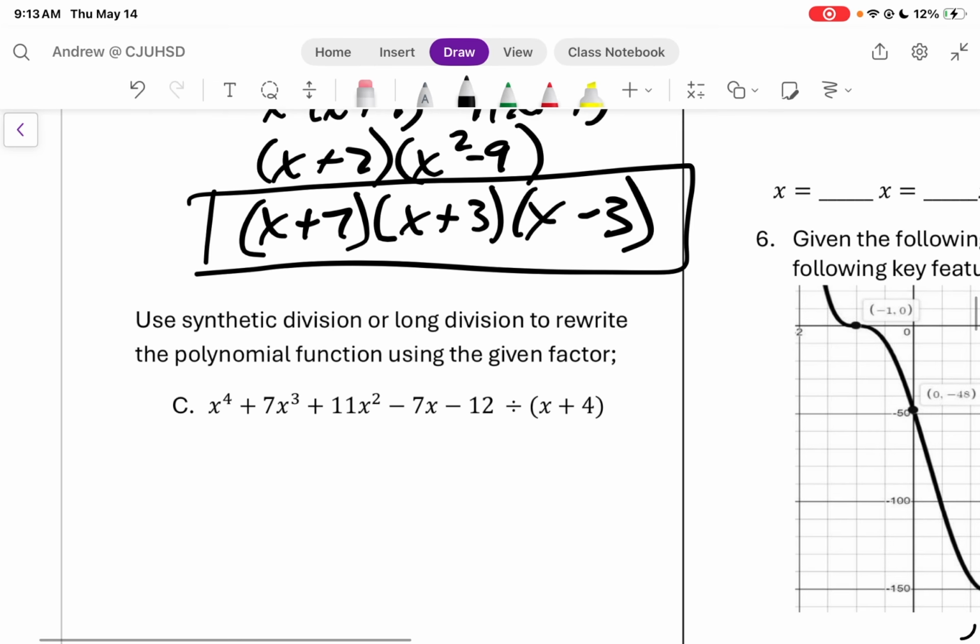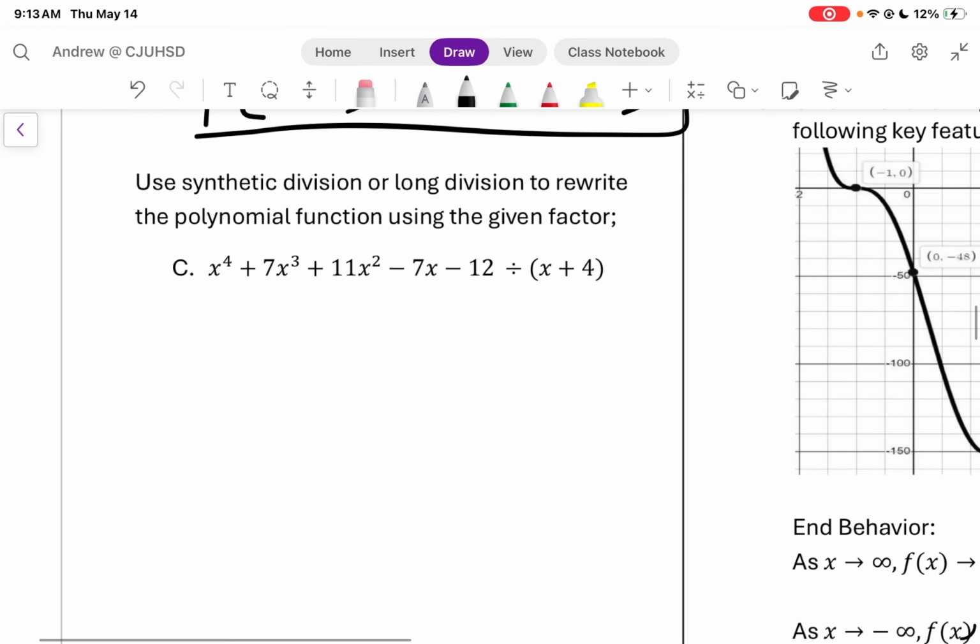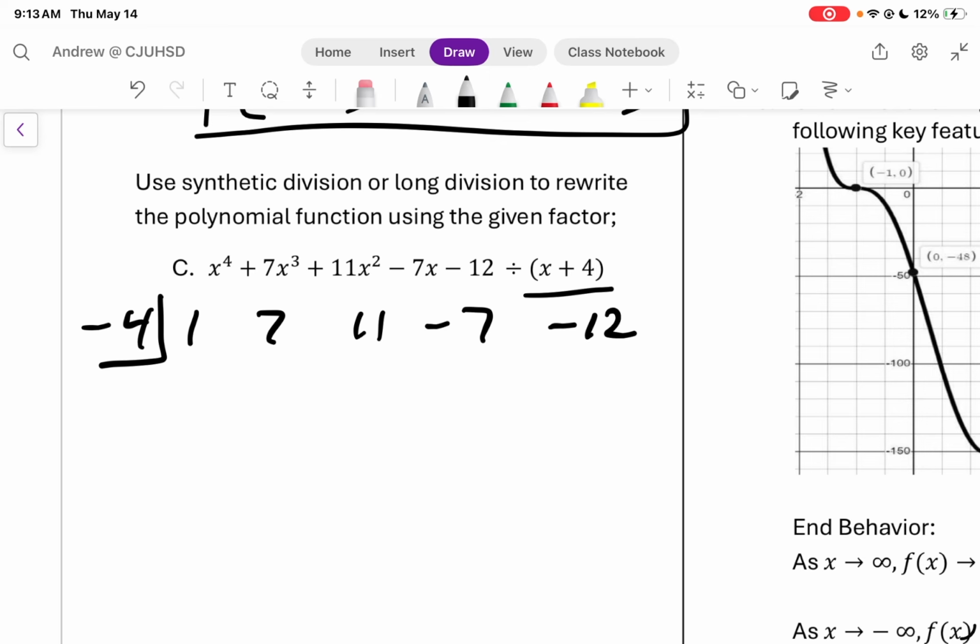Now we use synthetic division or long division to rewrite this. We'll use synthetic. So if it says x plus 4 is the divisor, you're going to use negative 4. And now our coefficients, 1, 7, 11, negative 7, and negative 12. Let's see what we get. First, drop the 1, then multiply times negative 4, then add.